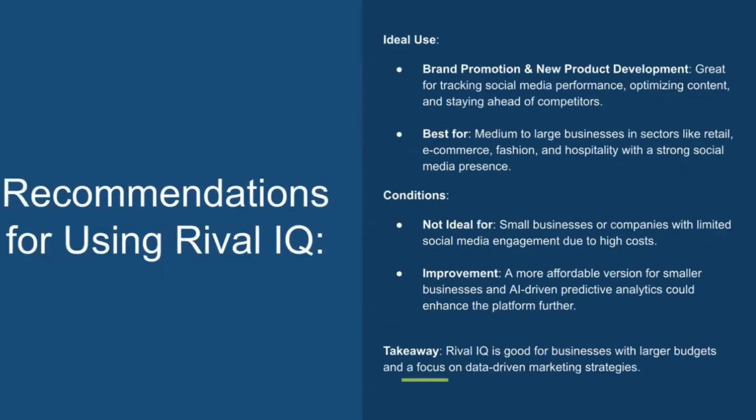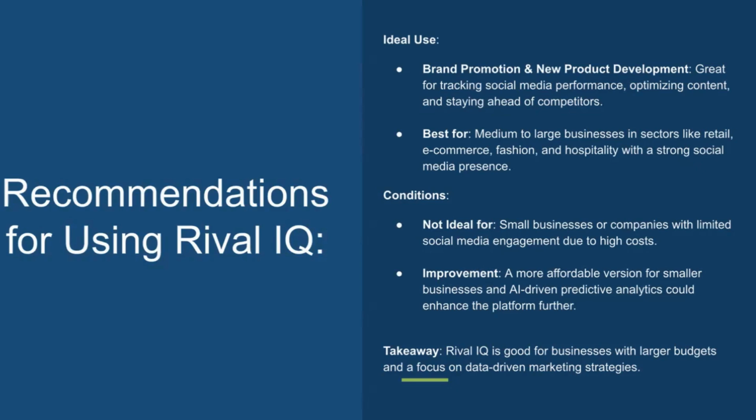So, recommendations for using Rival IQ. I think that this is great for tracking social media performance, optimizing your content, and staying ahead of competitors. Again, as I said, Rival IQ will work really well for medium to large businesses with a strong social media presence. I think that Rival IQ works best for someone who already has that social media presence because that's what the data is off of, the engagement.